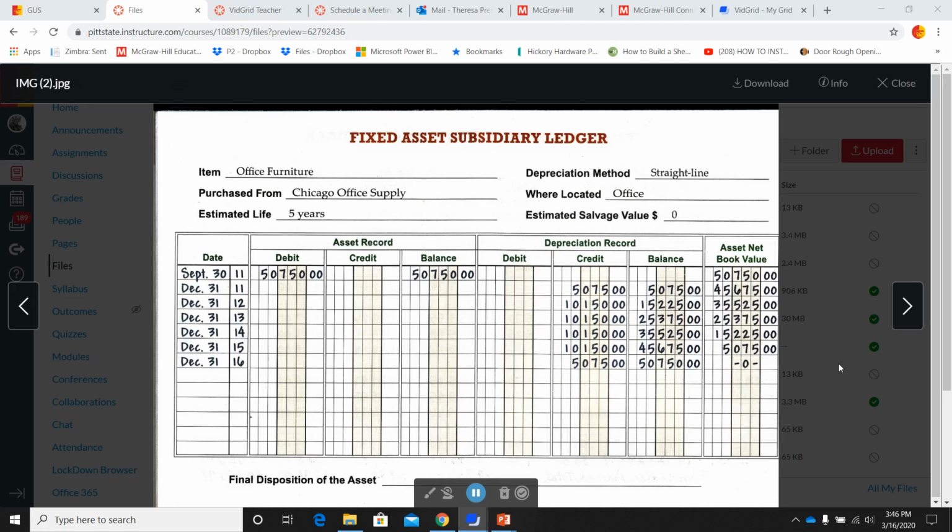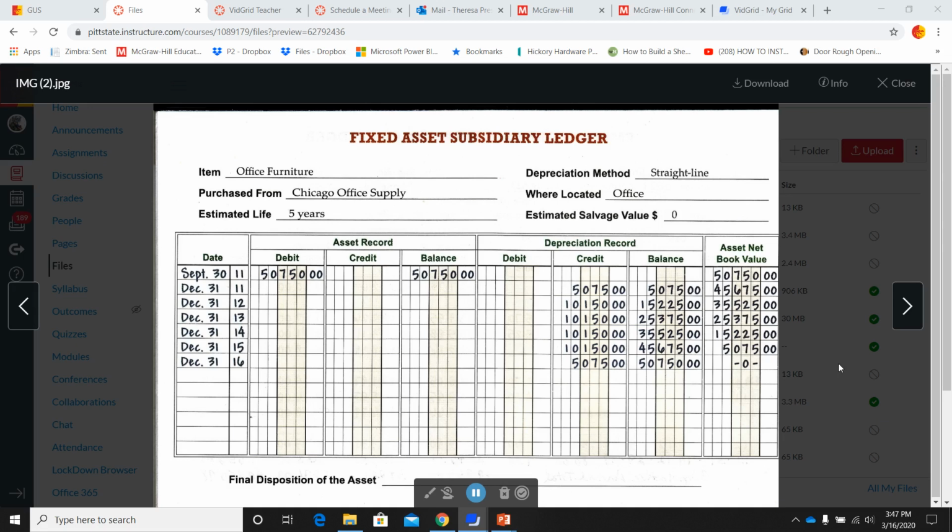This is an asset record which shows that this particular asset was purchased on September 30th for $50,750. And its book value on the day it was purchased was the same, $50,750. On December 31st of 2011, we recorded depreciation on this asset.